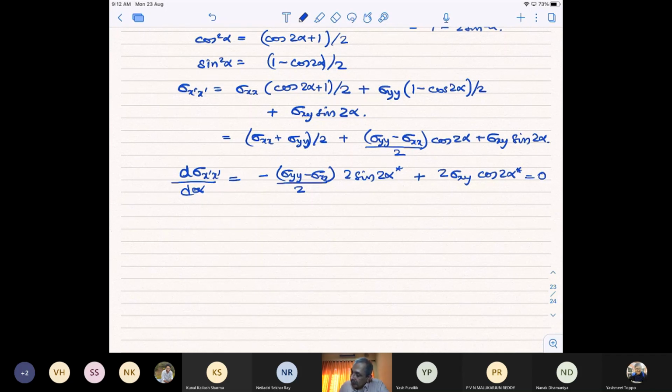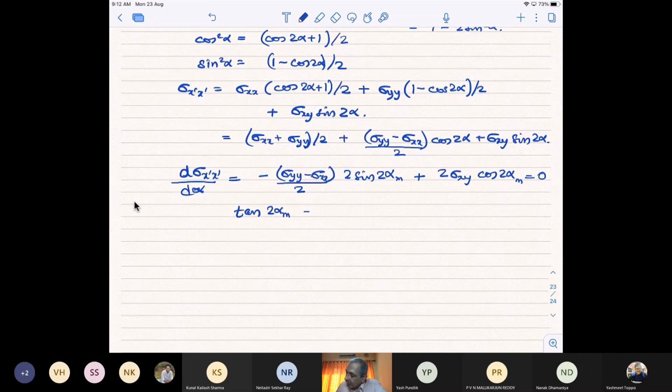If we simplify this out, we'll get tan of 2 alpha m, not alpha star, alpha m is what I'm using in my notes. So it's either maximum or minimum.